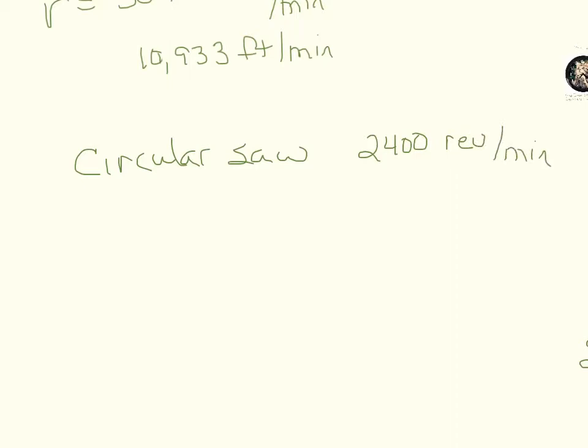Let's see if we can find the angular speed. What is the angular speed? It's moving pretty fast. That's why you don't want to get your fingers in there. They're gone before you know it.